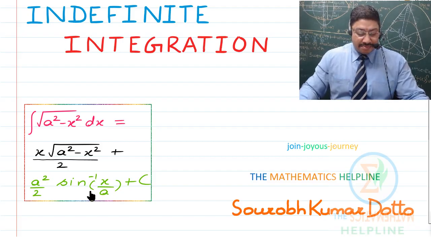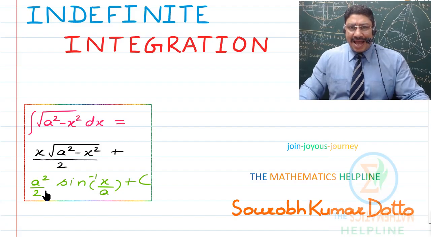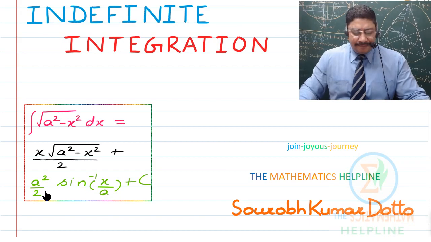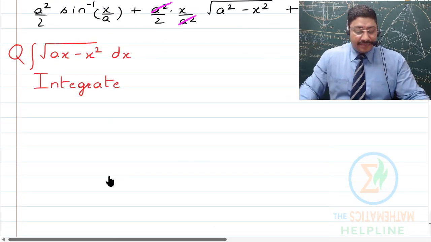That just has to be multiplied with a square upon 2. Why do I tell it to you as a rule? Because we'll have 2 more formulae of this type, and you will find that almost the same rule is applied. Okay, now remember that this was the derivation that we did.